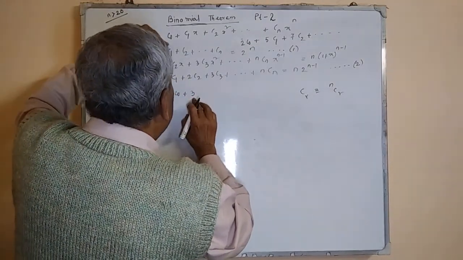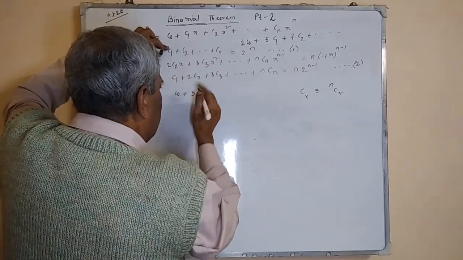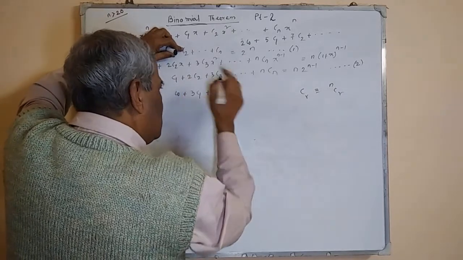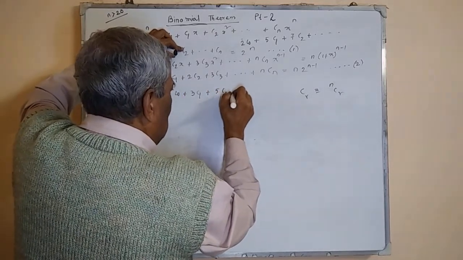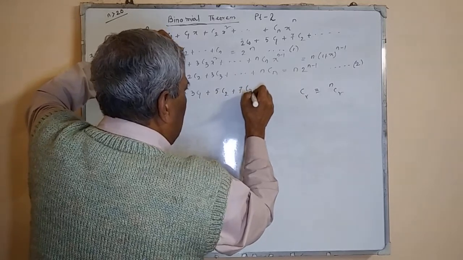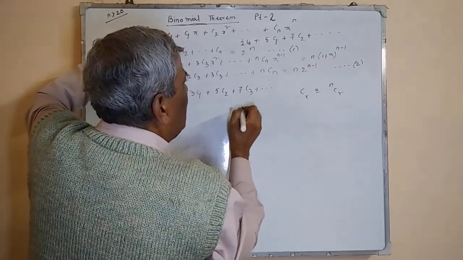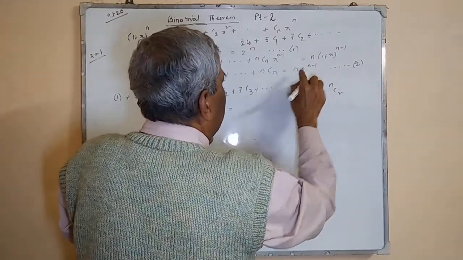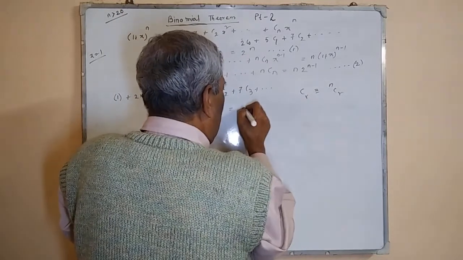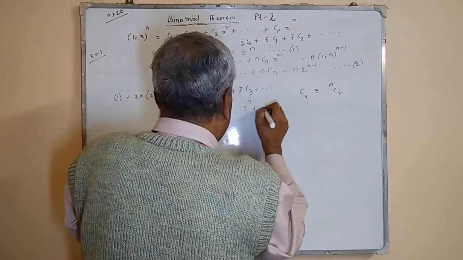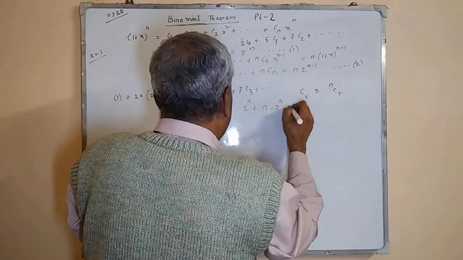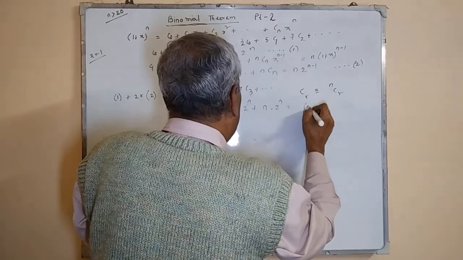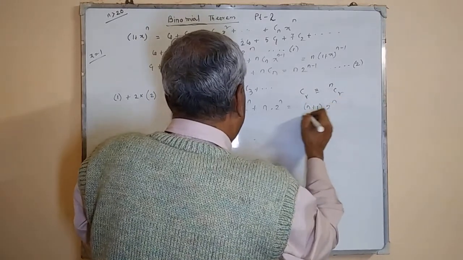So C1 and there is 2C1, that is 3C1 plus C2 plus 4C2, that is 5C2, then 7C3, etc. That will be equal to this plus 2 times that, 2 to the power n plus n into another 2 to the power n minus 1, which is (2 plus n) times 2 to the power n minus 1.